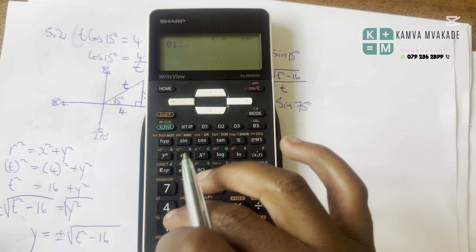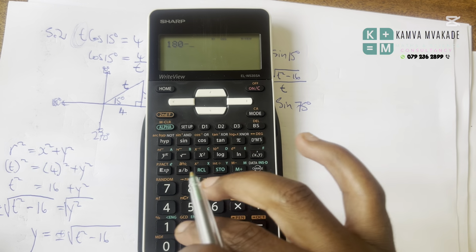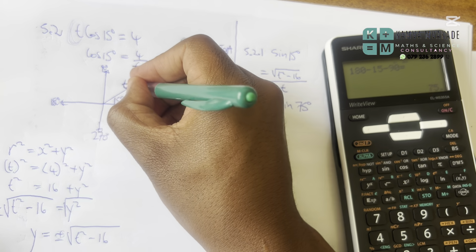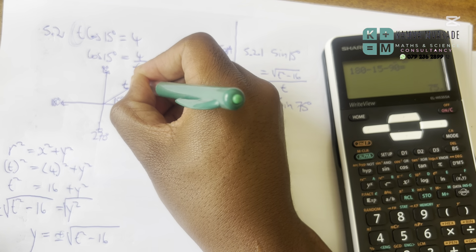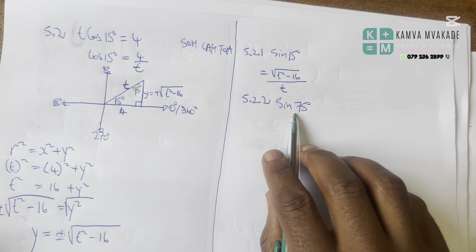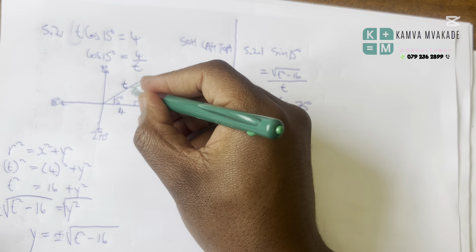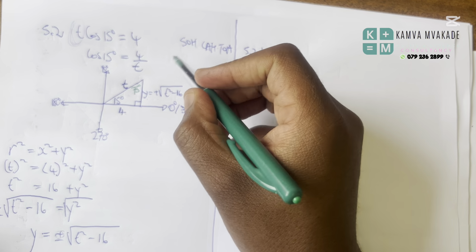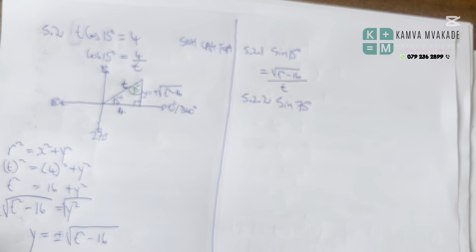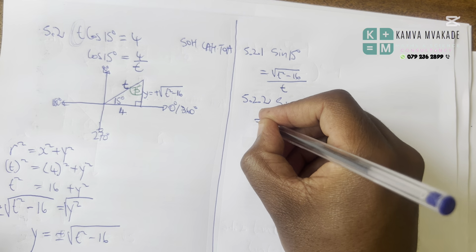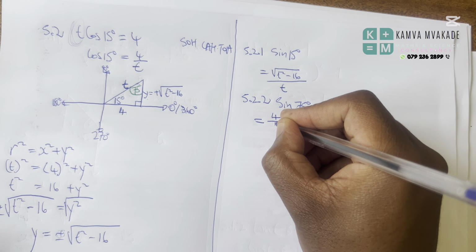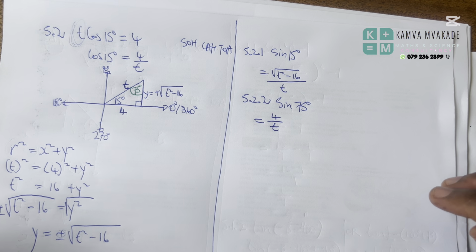It's going to be 180 minus 15 minus 90. That is 75 degrees over there. So I want sine 75 degrees. Sine is opposite over hypotenuse: opposite to 75 it's 4, hypotenuse is still t. So our answer for this one is 4 over t.